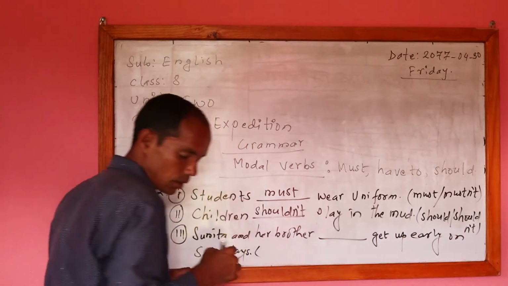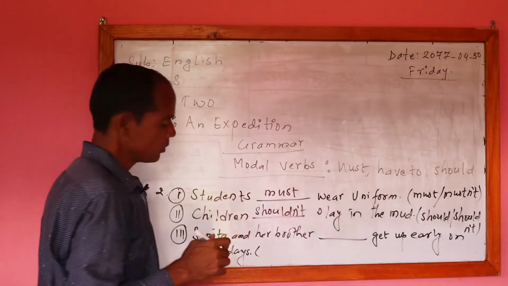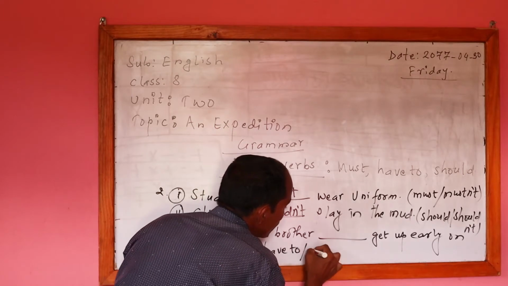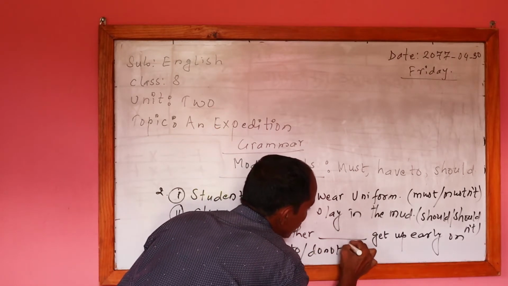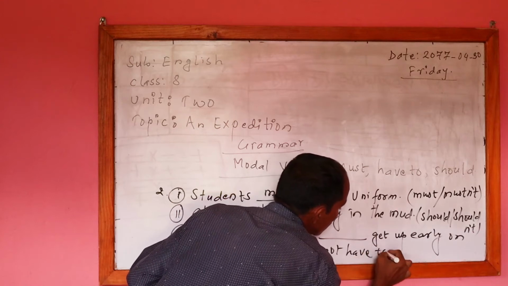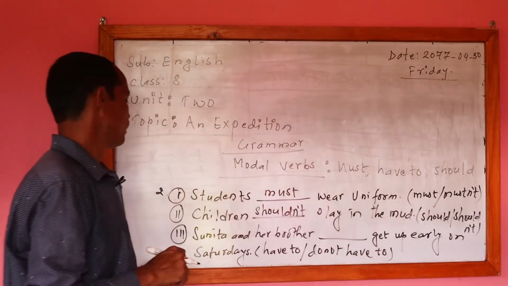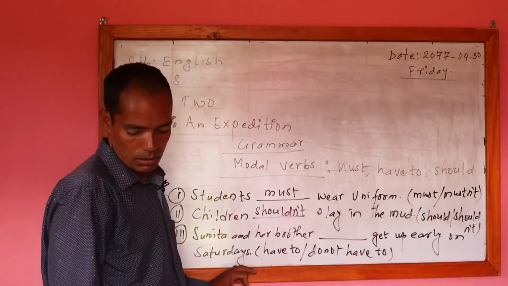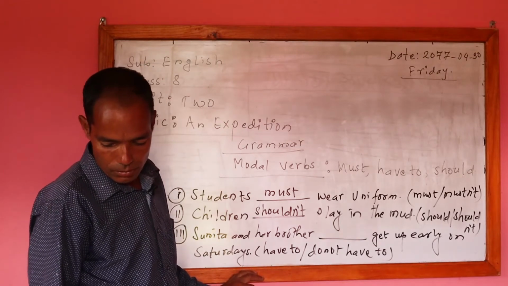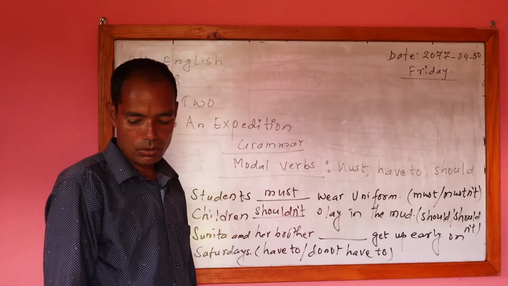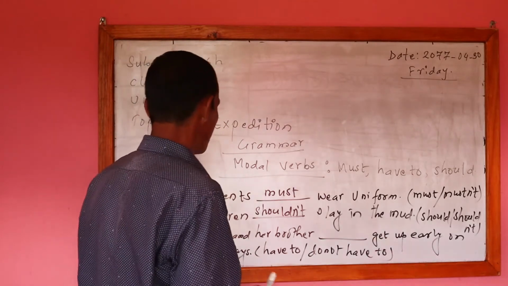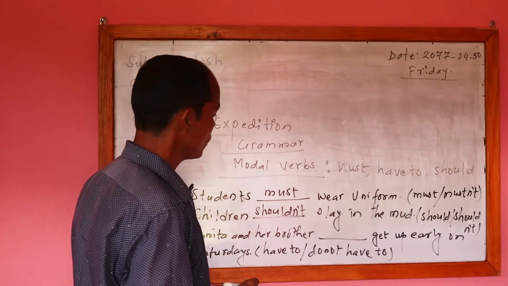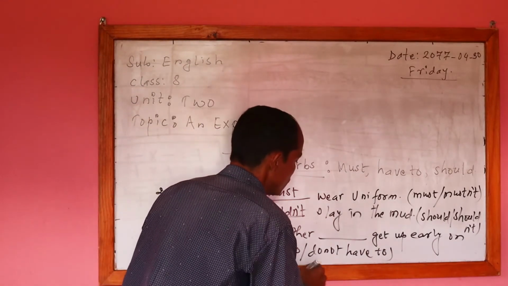Now here I have written the option, have to or do not have to. Sunita and her brother get up early on Saturday, and because they do not have to go to school on Saturday, it means Sunita and her brother do not have to.